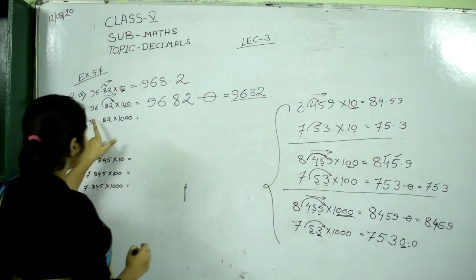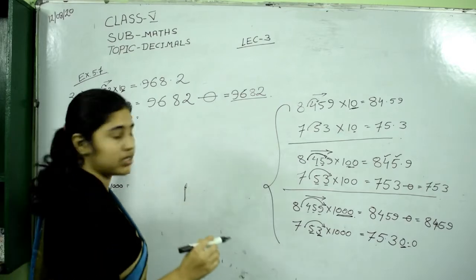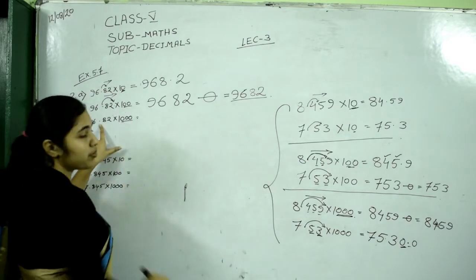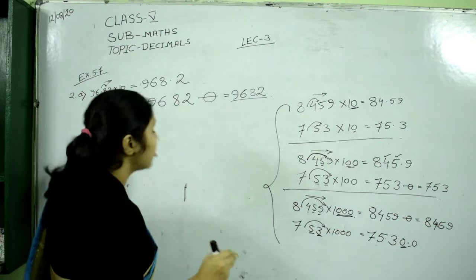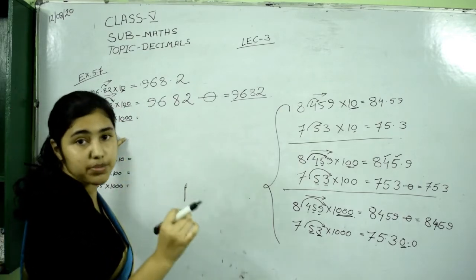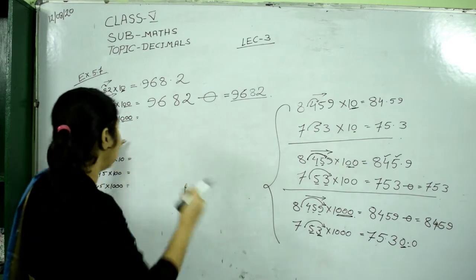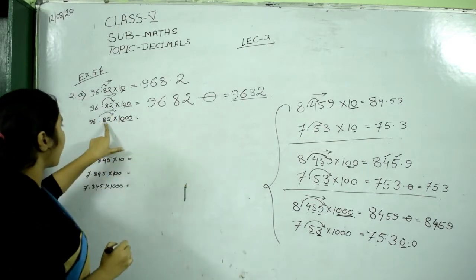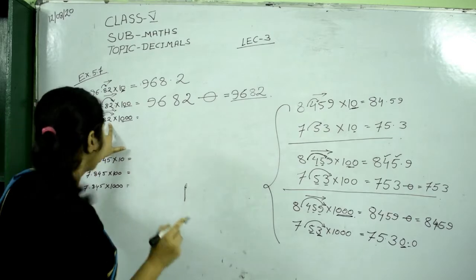Next, multiply the same number with 1000. Here 1 is followed by 3 zeros, right? So the decimal point will shift 3 decimal places to the right. But here we have only 2 digits, right?